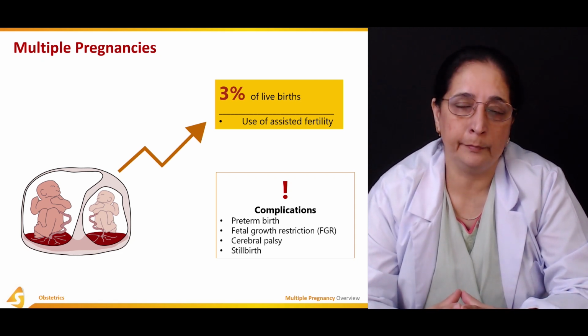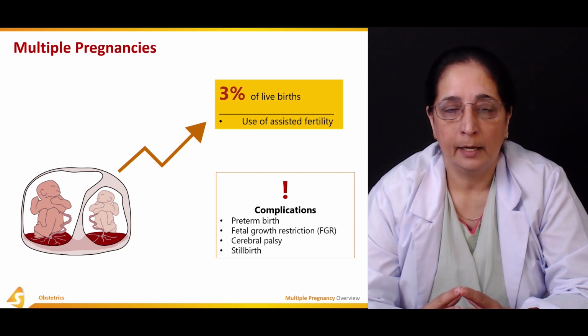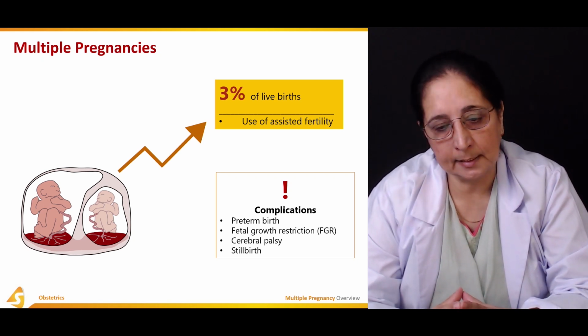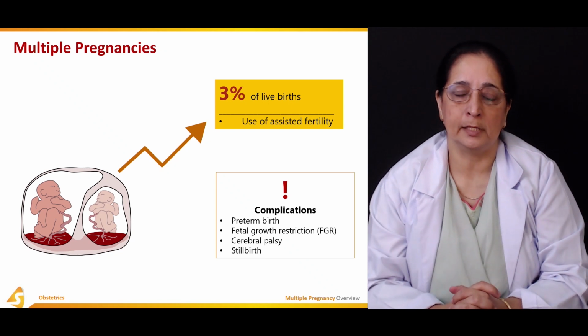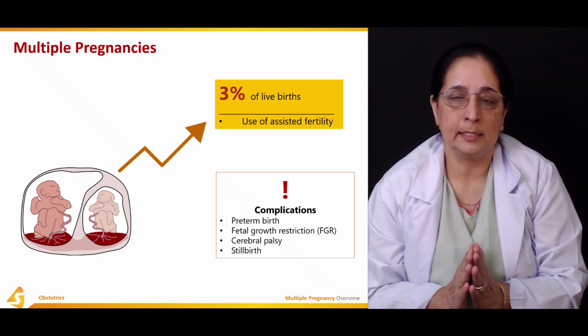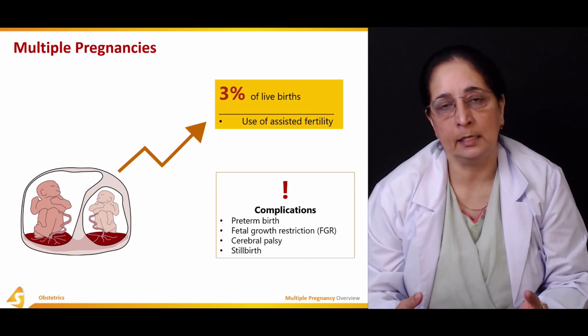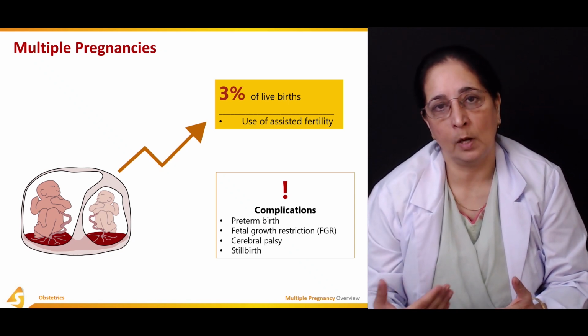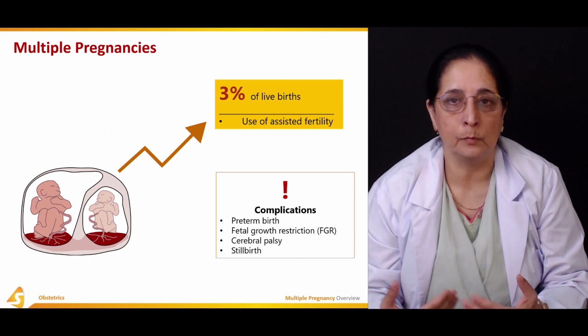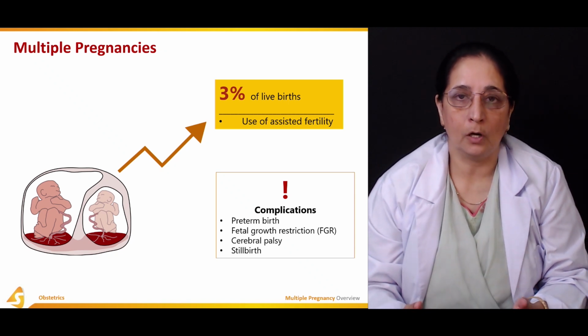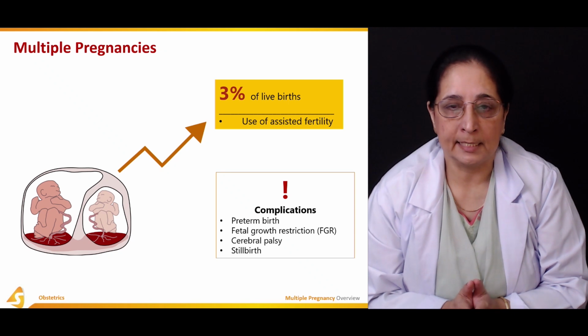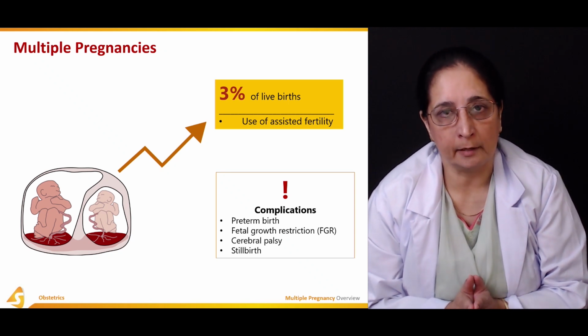Then also cerebral palsy can occur in multiple pregnancies, and stillbirth is common. Stillbirth is intrauterine fetal death, and usually one of the fetuses is more affected because of asphyxia and malnourishment.